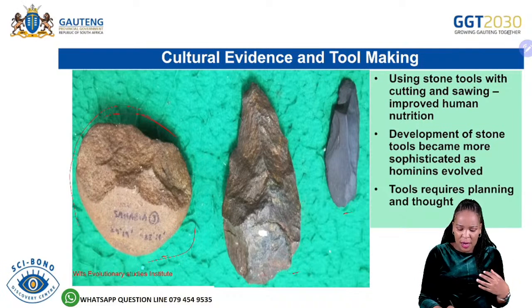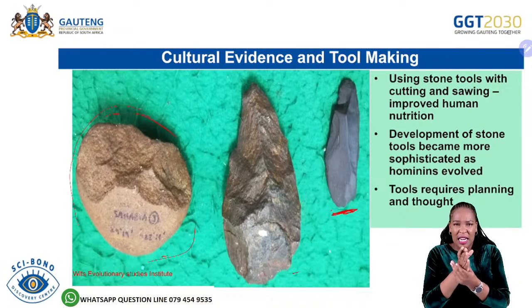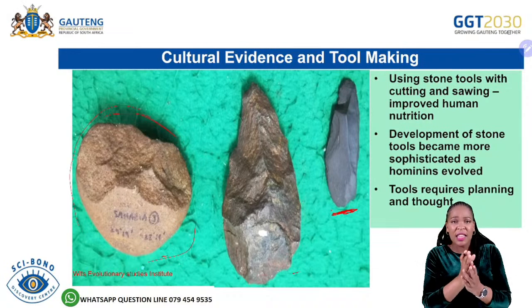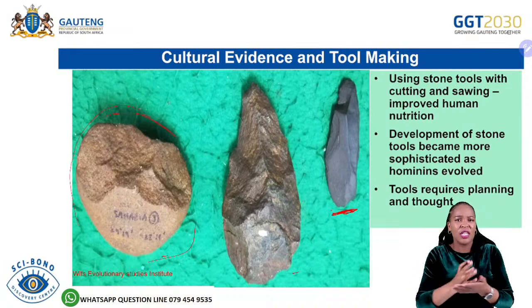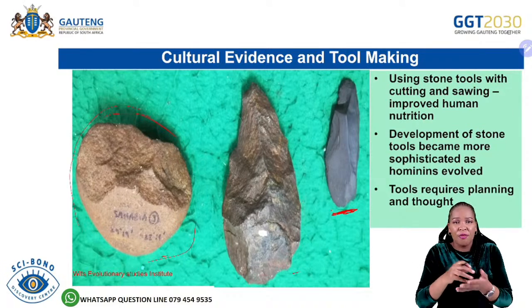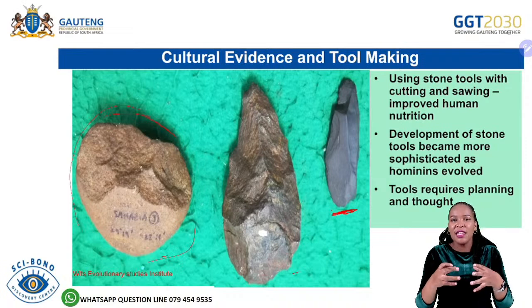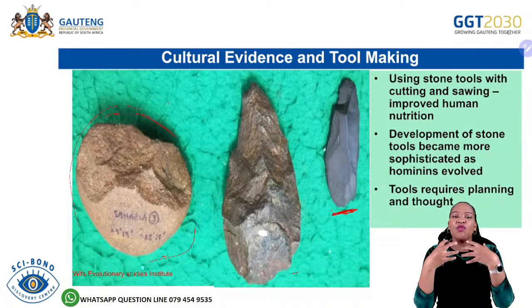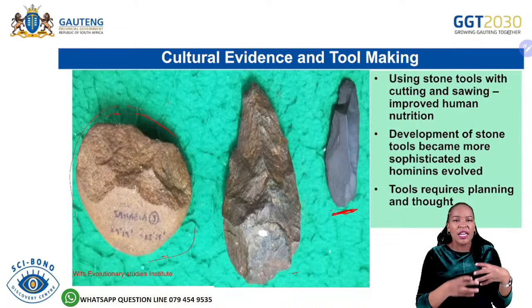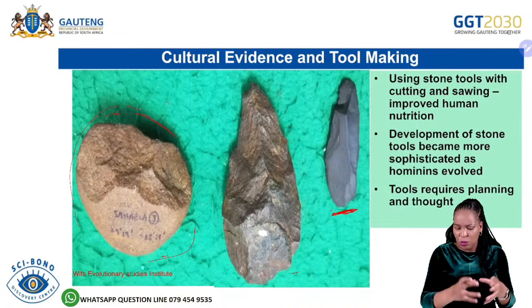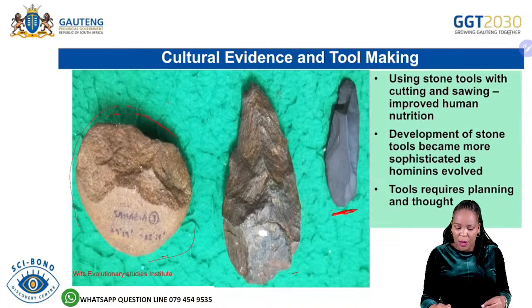You see this other one is very sharp and very thin. So you would say they were using it for cutting or chopping meat that they were eating into finer, smaller cubes. And this improved what? It improved their nutrition, as they were now able to get the food in its smallest form.